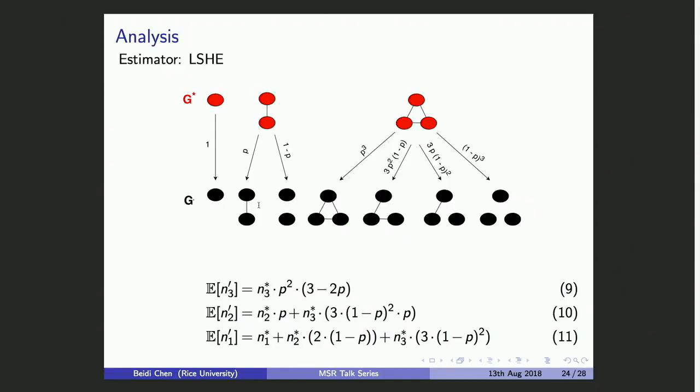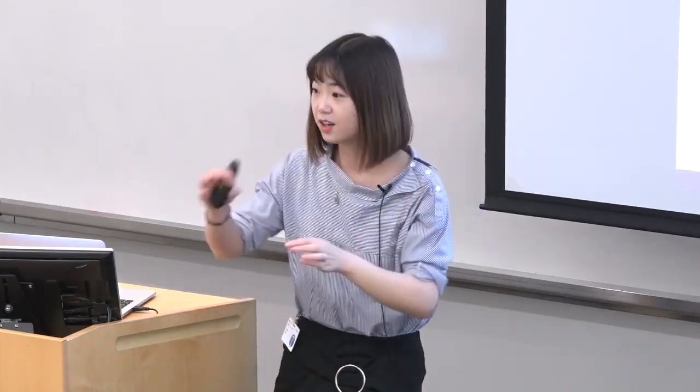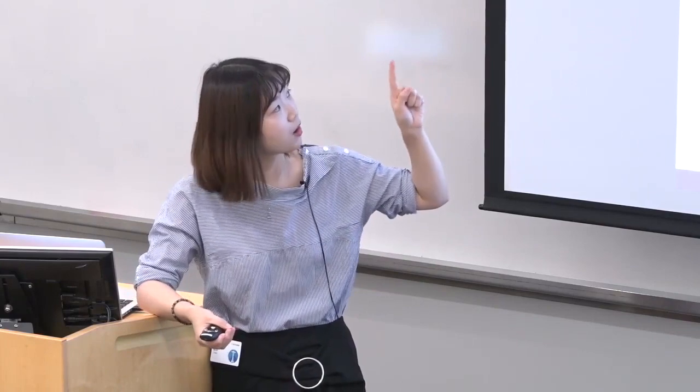So the intuition here is, if in the original graph it's a singleton, it has to be a singleton, 100%, in the observed graph. If it's a pair, LSH has a probability of sampling the pair based on the similarity. So the pair will have probability P to be maintained and 1 minus P to break.